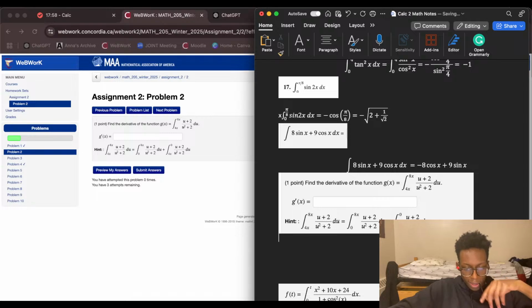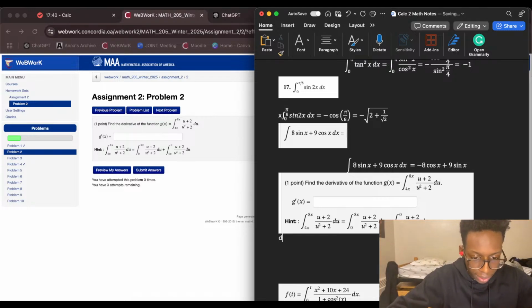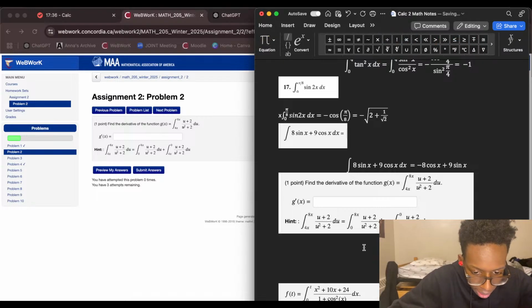So find the derivative of this, where you have u2, and then the other one is u2 plus whatever. So we're finding the derivative of the function, so dx, gx, or whatever. I'm spitballing. I'm saying whatever too much.